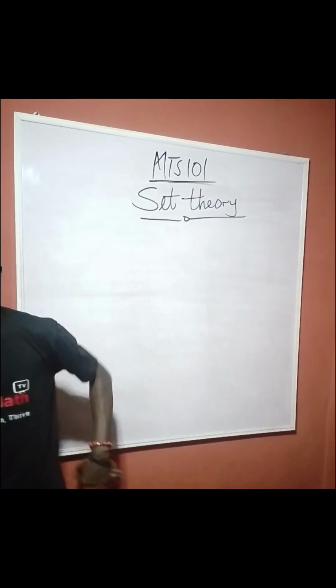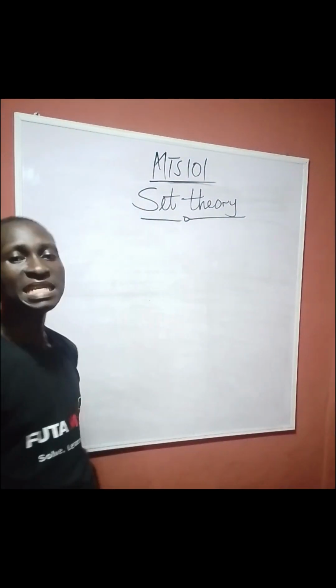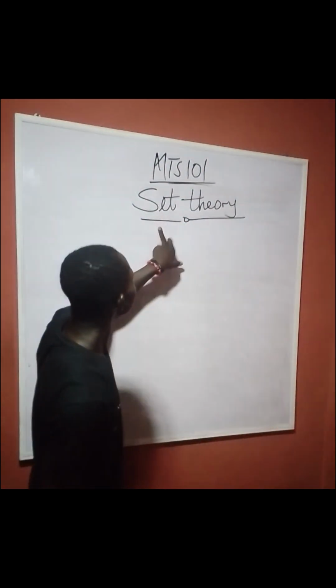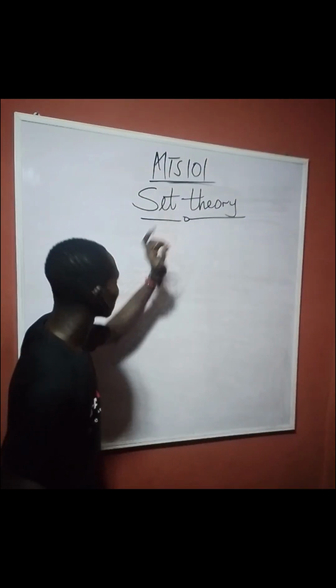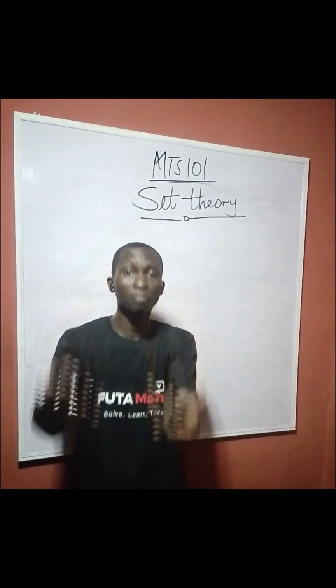Now, as I've said, we'll be starting with set theory. Now, we have to break this down one after the other. What do we understand by set? We understand that theorems are just laid down principles that we follow. But what is set itself?